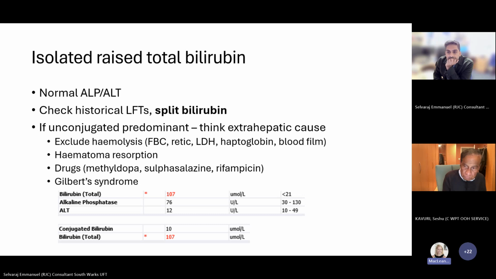I'm waiting. Anybody got any comments? Are they jaundiced?